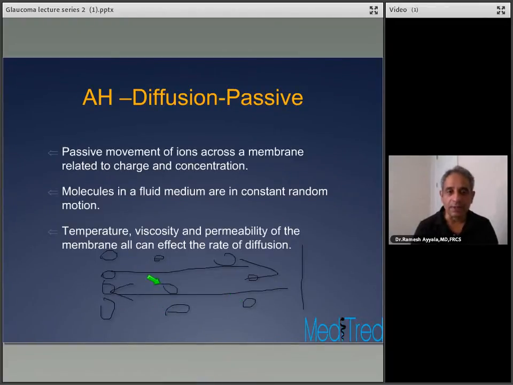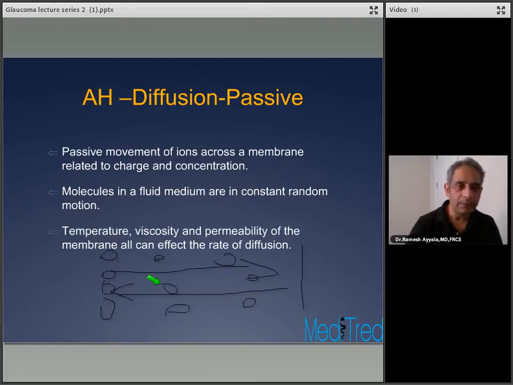So this is a random diffusion that happens, and this accounts for some of the salt, some of the ions moving across the membrane, so as to keep the charge between both sides the same.